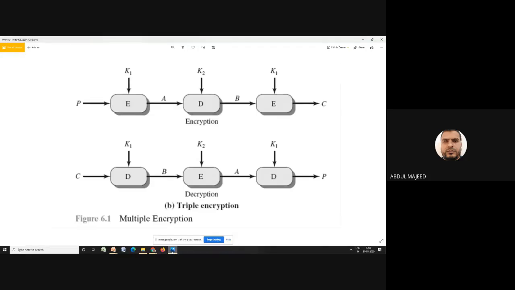The difference between DES and triple DES is that they have increased the key size. In DES the key size is 56 bit, and triple DES, as the name itself suggests, means you are using DES three times. Three times 56 means a 168 bit key.